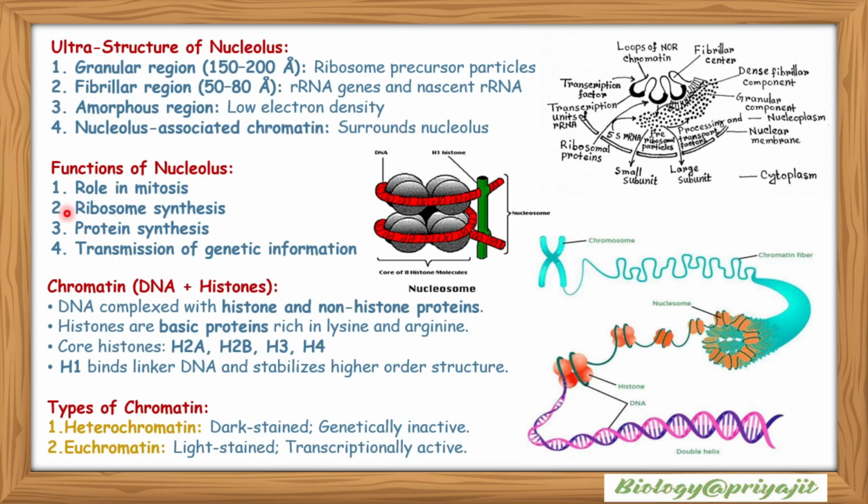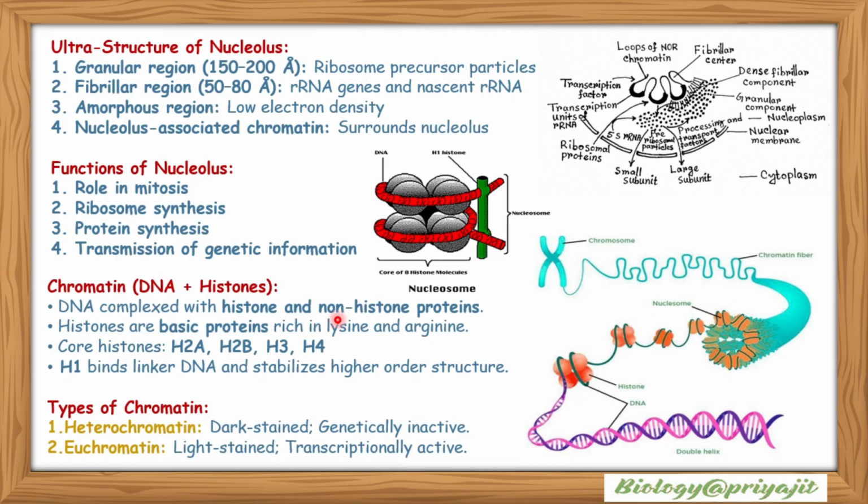So what are the functions of the nucleolus? They play a role in mitosis, help in ribosome synthesis and protein synthesis, and are involved in transmission of genetic information. Now the chromatin: this is the DNA, red colored, with histone protein as a component of chromatin.